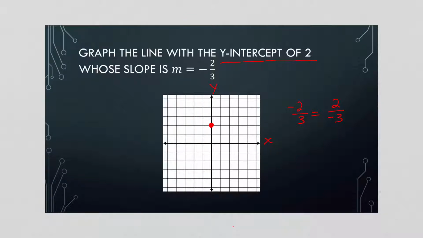So if it's negative 2 over 3, that means down 2, right 3, put a dot, or I could go up 2, left 3. And then connect your dots. And you're done.